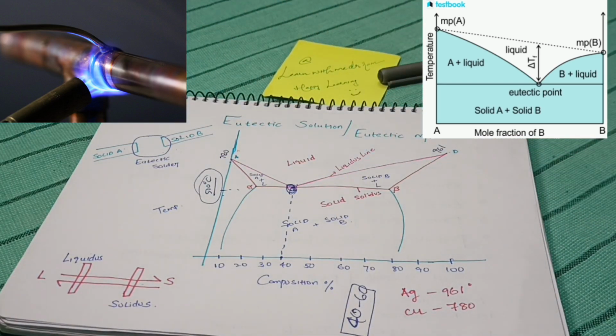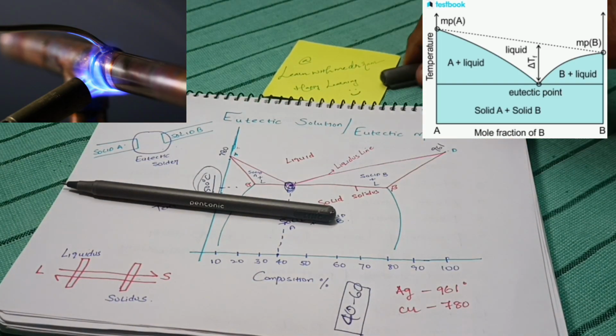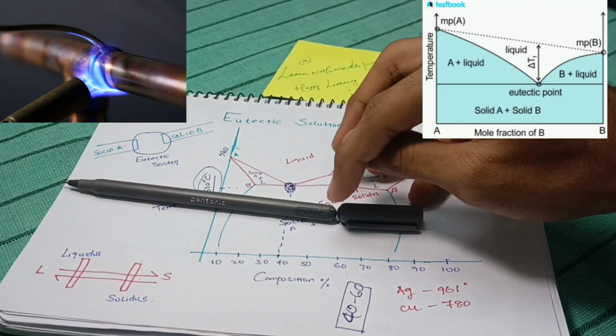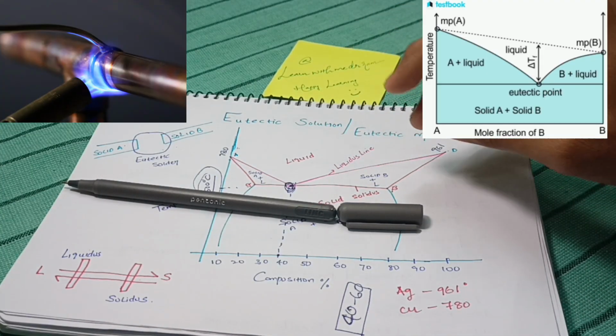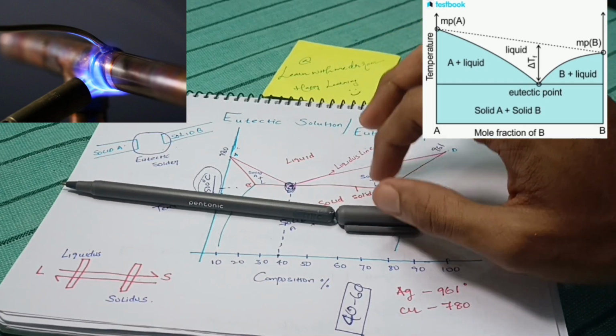Okay, if you understand this usage of eutectic alloy, that means you don't need to get every metal to its own melting point. If I take a single silver plate, I need 961 degrees. For another silver, if I take two silver things, then I need a temperature of 961 to solder. If I take two copper, I need a temperature of 780 to melt and solder.